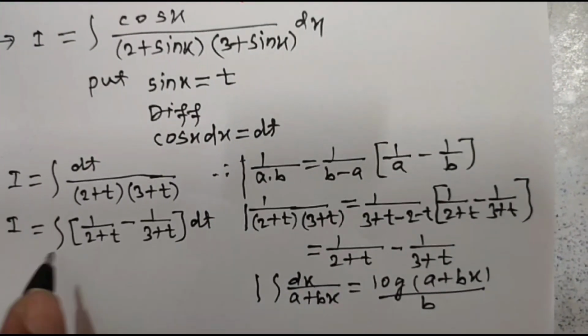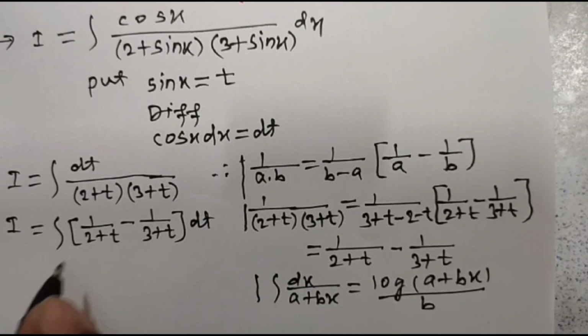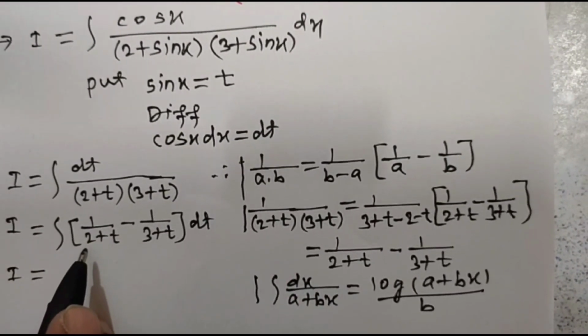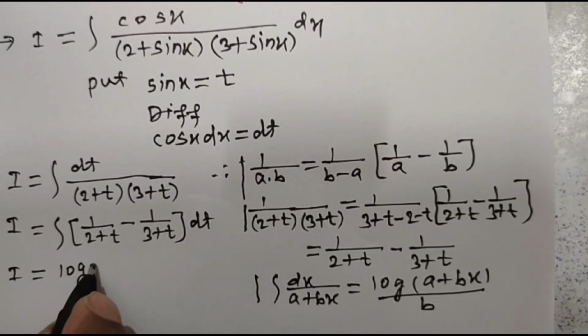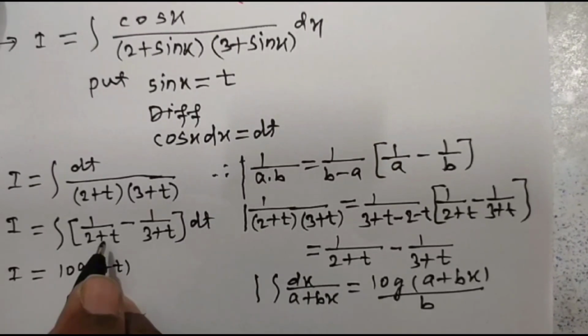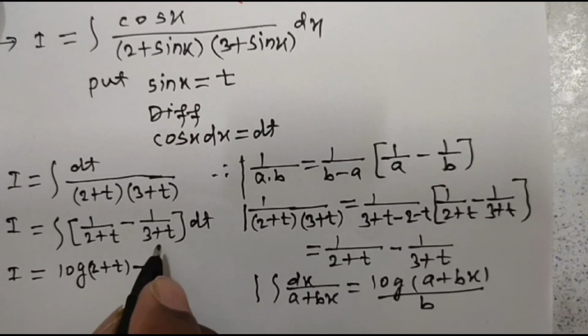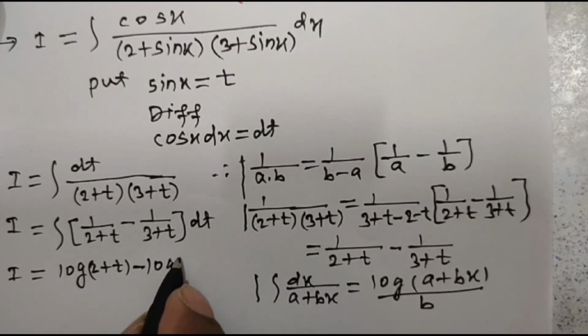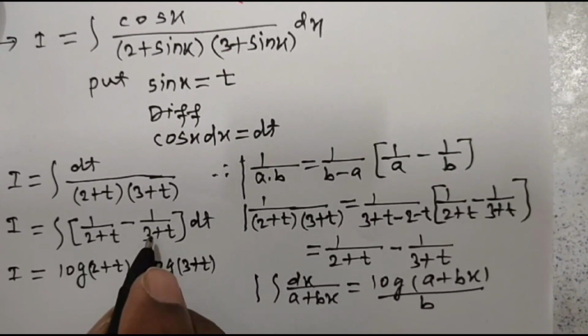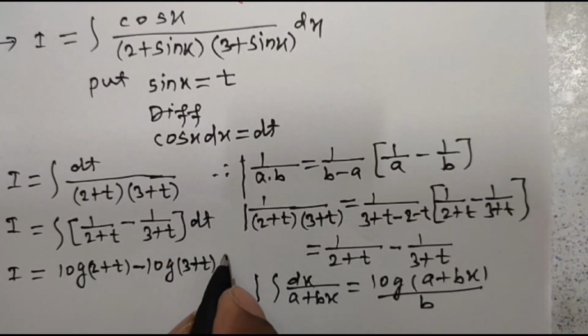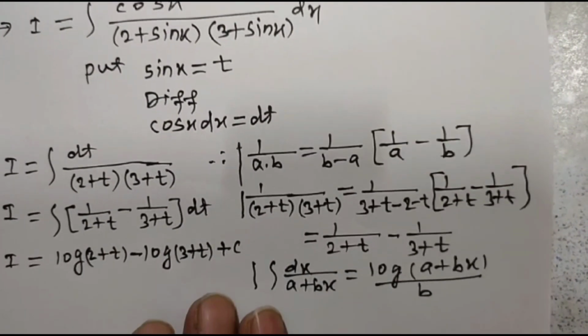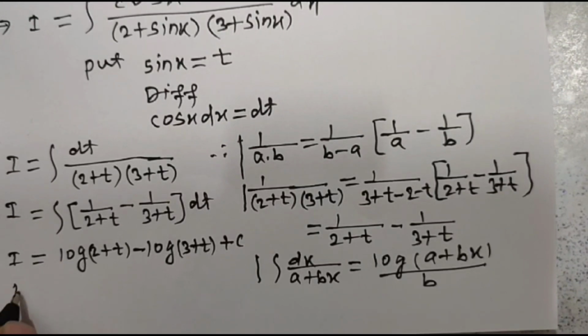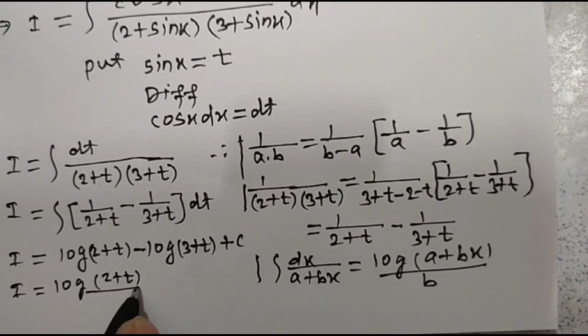Applying this formula, and first of all separating this, I is equal to the integral of 1 upon 2 plus t is logarithm of 2 plus t, derivative of 2 plus t is 1, minus the integral of 1 upon 3 plus t is logarithm of 3 plus t, derivative of 3 plus t with respect to t is 1, plus integral constant c. And now applying the property of logarithm, I is equal to logarithm of 2 plus t divided by 3 plus t plus integral constant c.